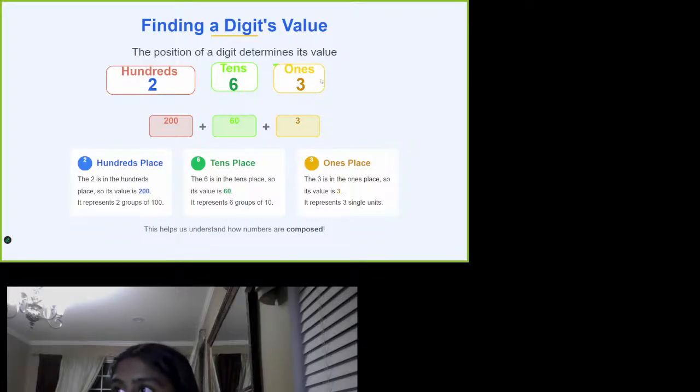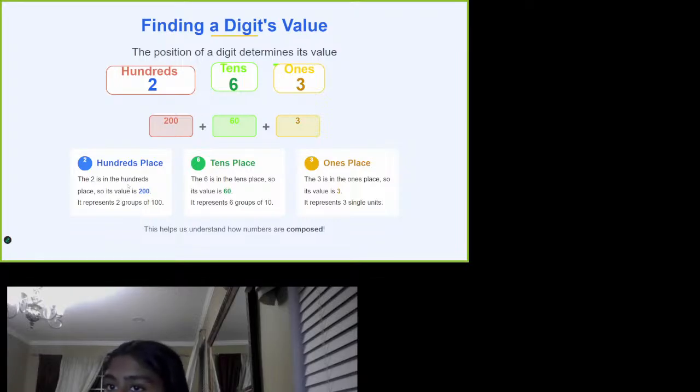They all have digits in common, but their position changes them to a different value. So in this case, it would be 200, 60, and 3, since every time you move up from the ones place to the tens or the hundreds, you add a 0 to the end of the digit.